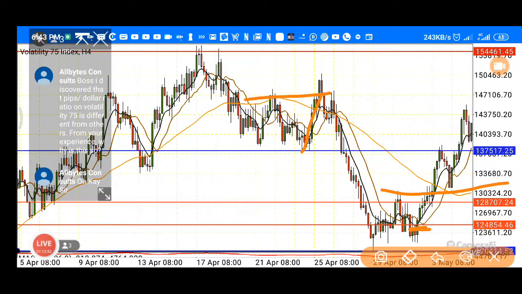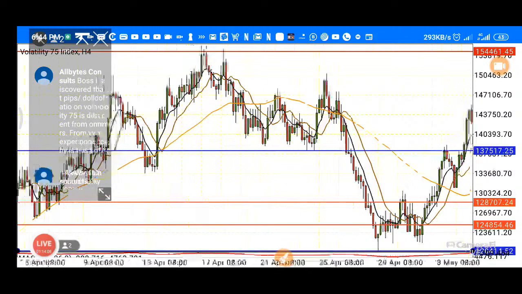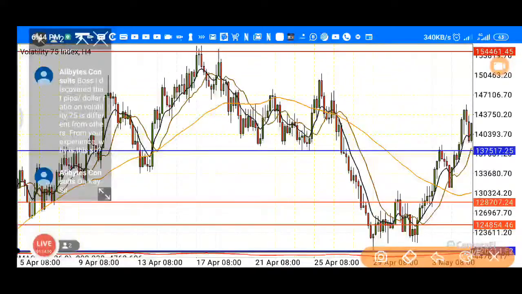Now see that same level here again. We used it as a support here to buy, now we'll be using it as a resistance here to sell. We are using it as a resistance to sell immediately after these two candles.